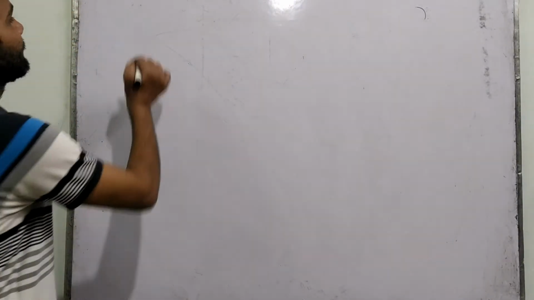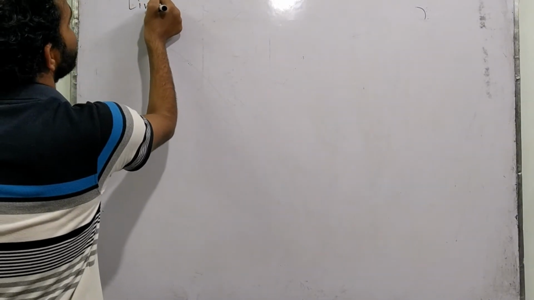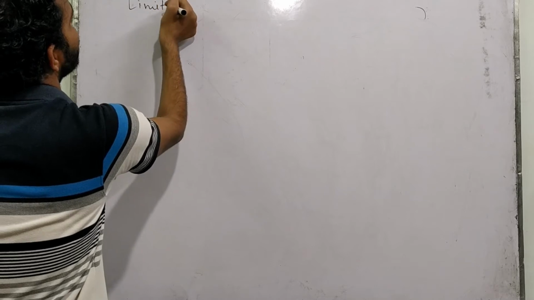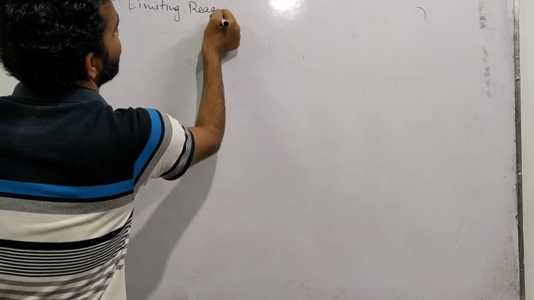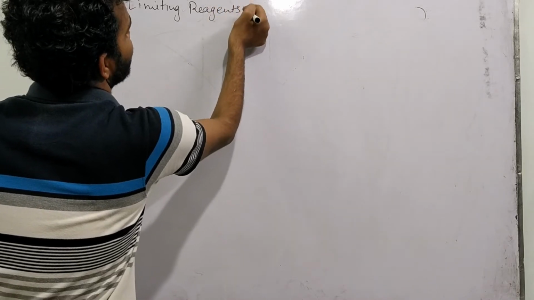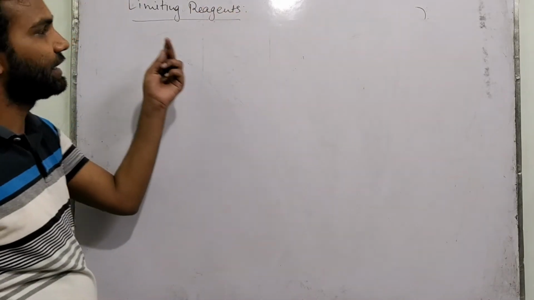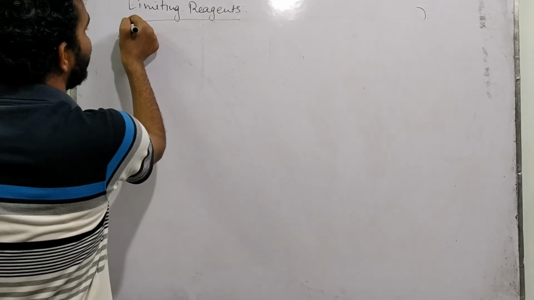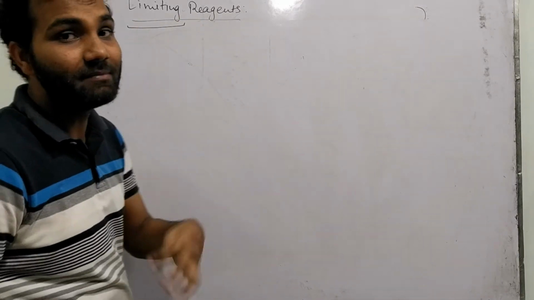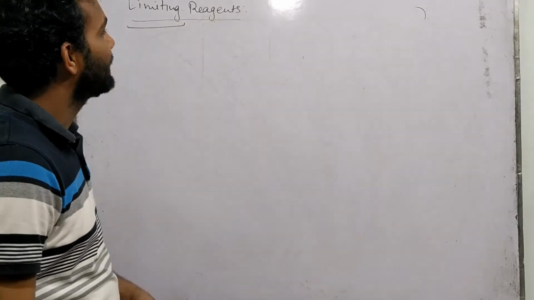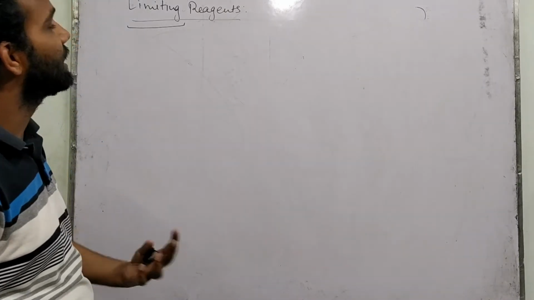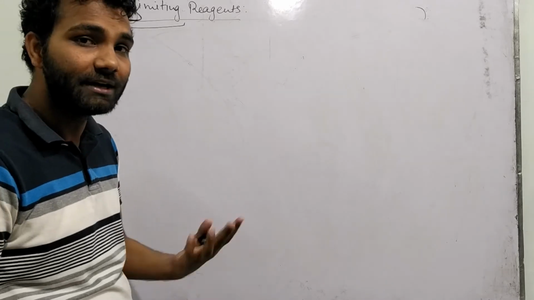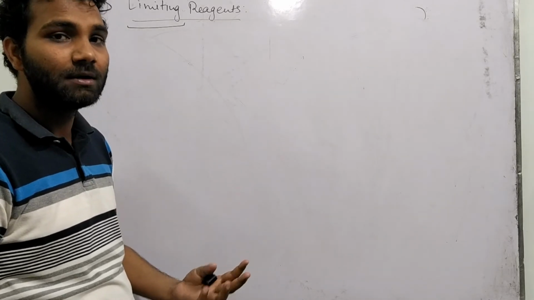Next topic is the limiting reagent. Now we will try to understand what the limiting reagent is. If you see the definition of limiting reagent, the word itself explains it: those reagents which limit the reaction. They stop the formation of products and are present in lesser amount, that's why they limit the reaction.